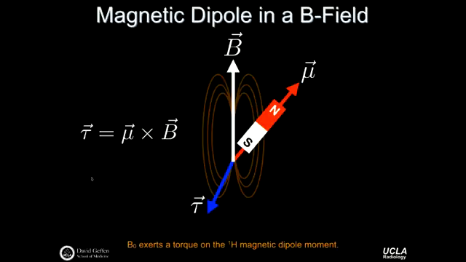It's important to remember that there's a torque exerted when a magnetic dipole is placed in the presence of a B0 field. So the B0 field exerts a torque on the hydrogen magnetic dipole moment. This is the classical picture you might have in mind. There's some magnetic dipole behaving like a little tiny magnet, and we'll show that it'll be forced to precess about the B0 field as a consequence of a balance of momentum.